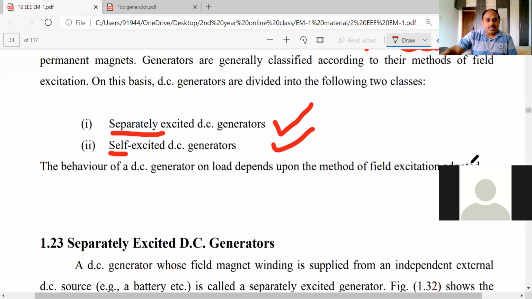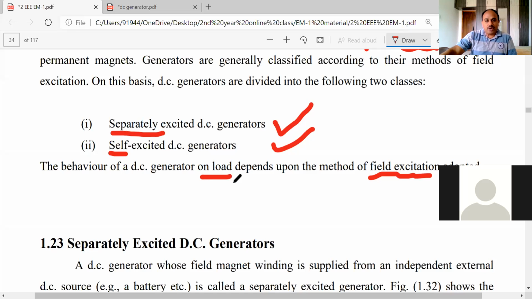The behavior of a DC generator depends upon load and the method of field excitation. Load means electrical load. When load increases, the current changes, that is, the armature current changes.